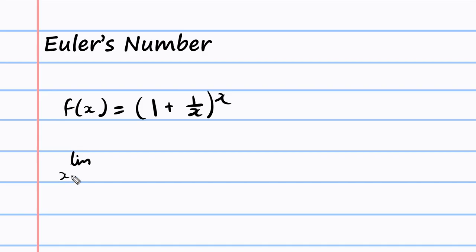as x approaches infinity. So as we start using values of x closer and closer to infinity, so basically larger and larger values of x, the limit as x approaches infinity of 1 plus 1 over x raised to the x power equals e.